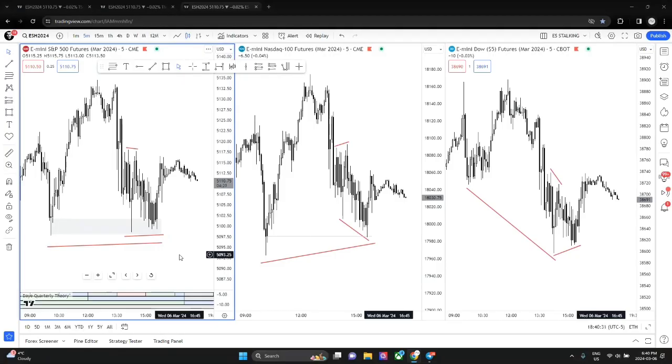If you realize, I don't like order blocks, personally. True opens, highs, lows, wicks, gaps, that's important. Quarterly theory, you just need to know the quarters. That YouTube video is just showing you the quarters.